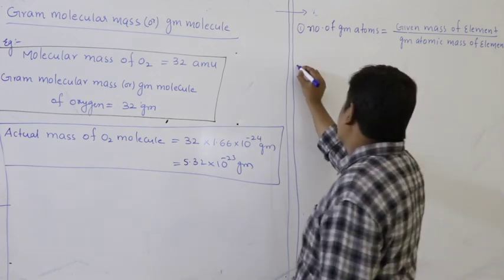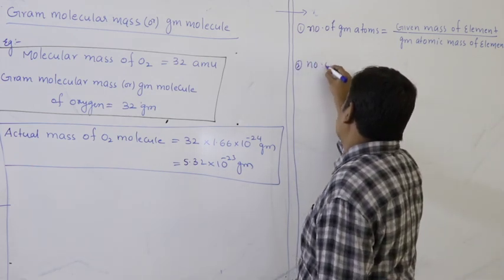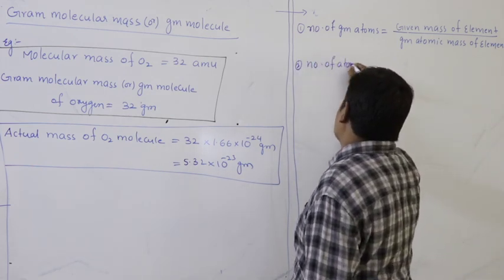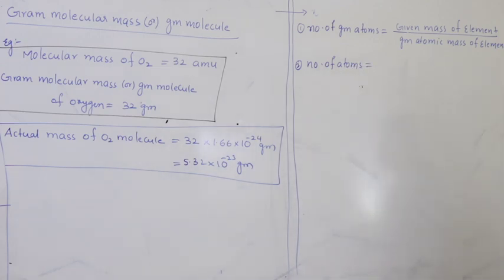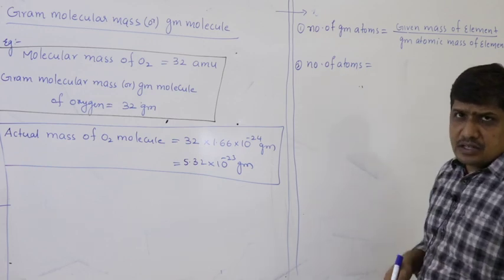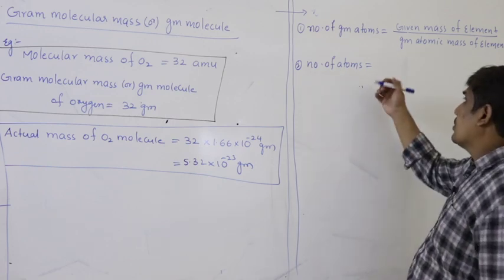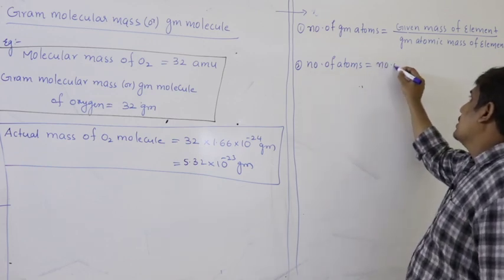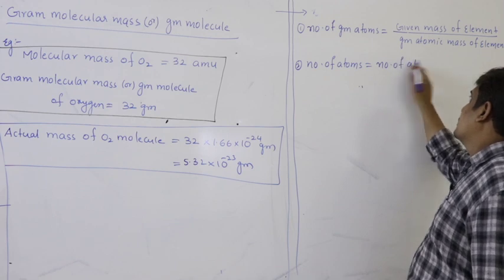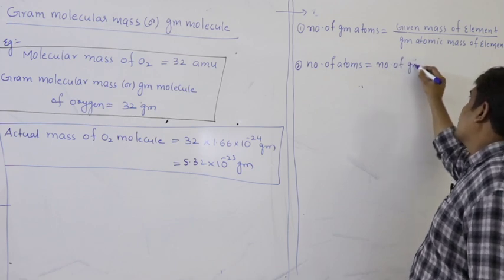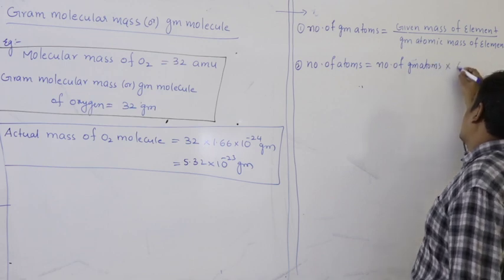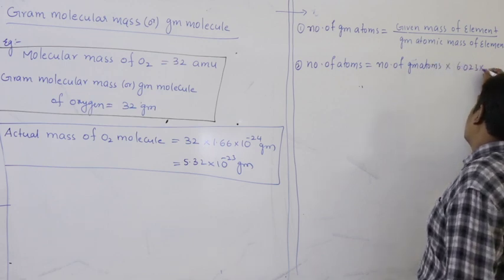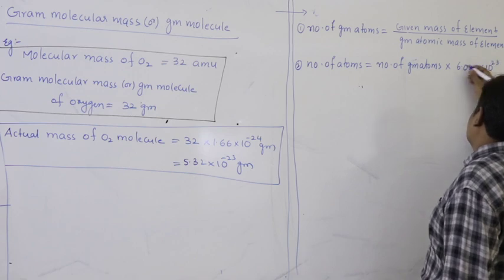If you want to find the number of atoms, 1 gram atom contains Avogadro number of atoms. 2 gram atoms contain 2 into Avogadro number of atoms. So simply, number of atoms is number of gram atoms into Avogadro number, 6.023 into 10 power 23.